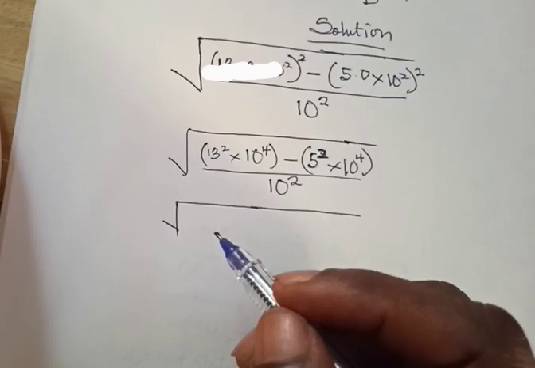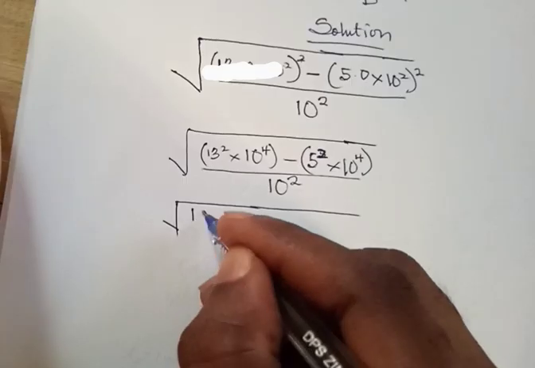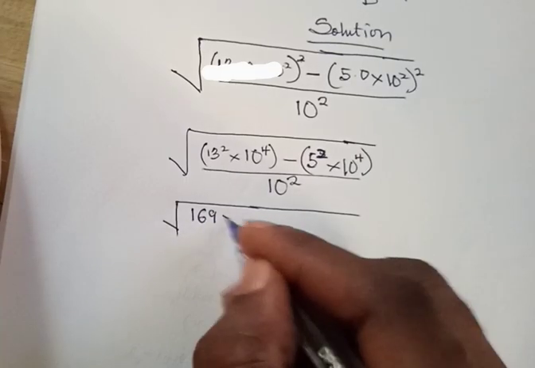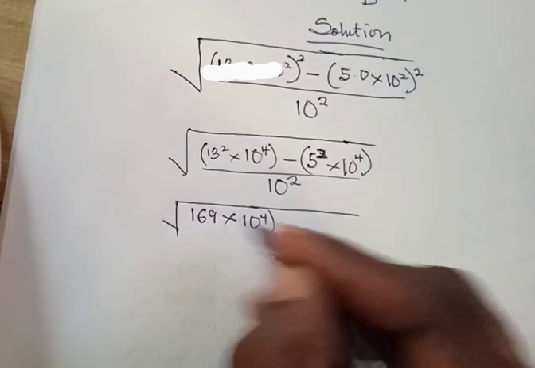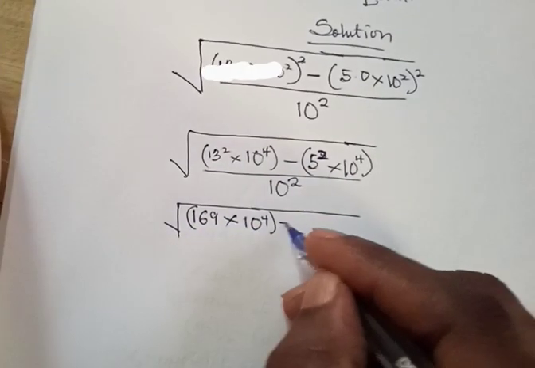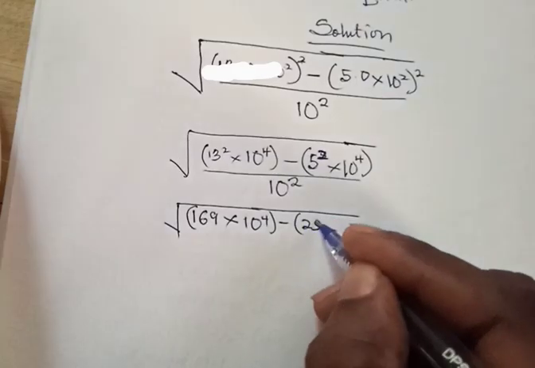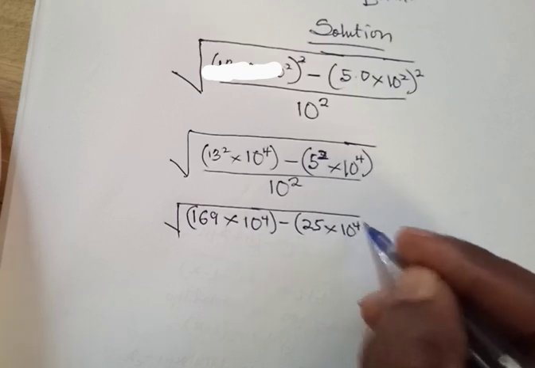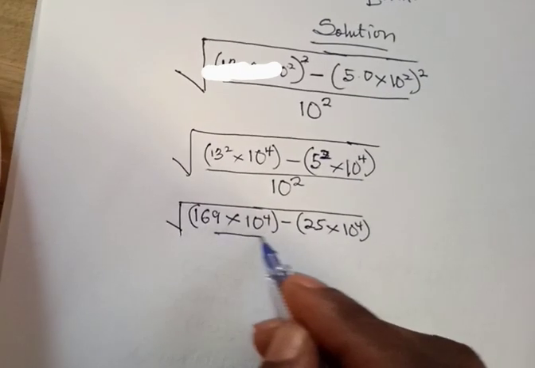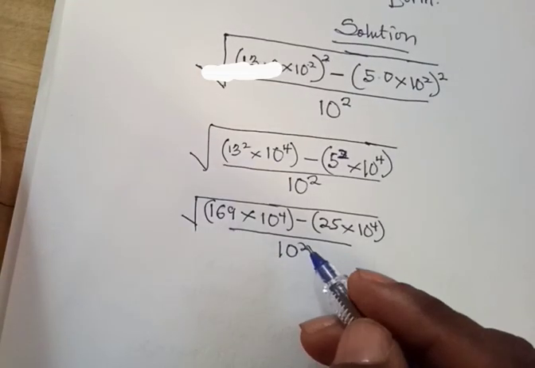What is 13 squared? 13 squared gives me what? 169 times 10 exponent 4 minus 5 squared also gives me 25 times 10 exponent 4, all divided by 10 exponent 2.